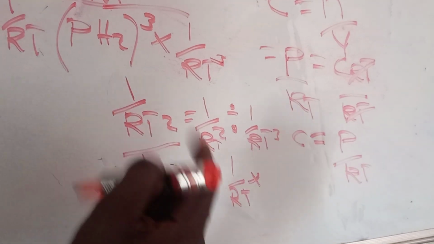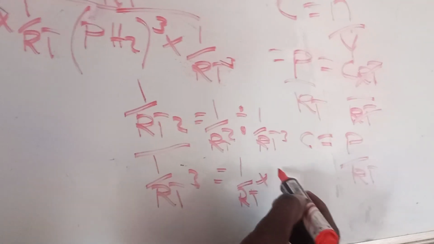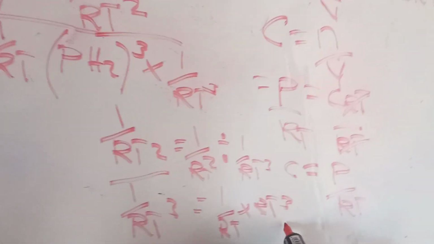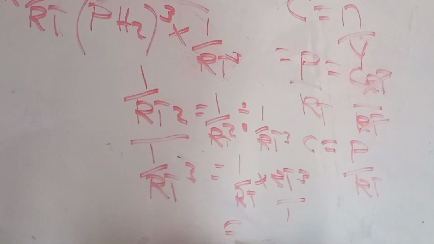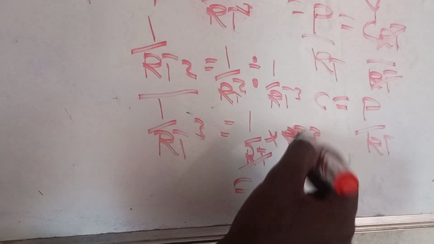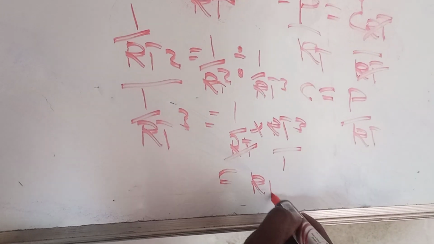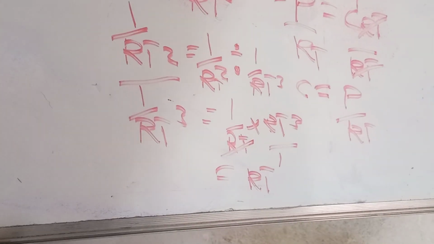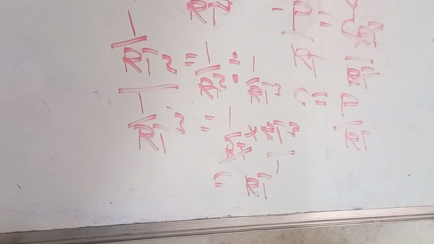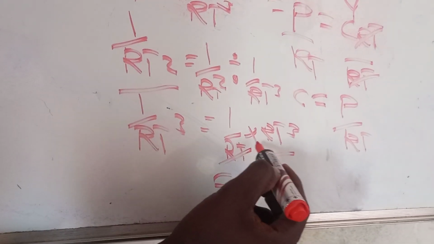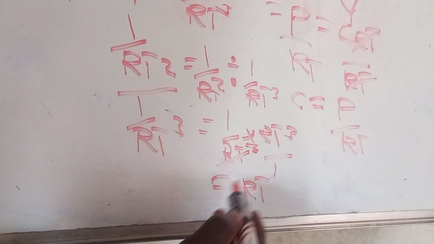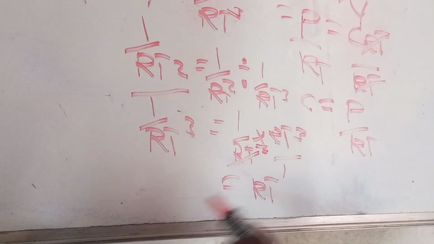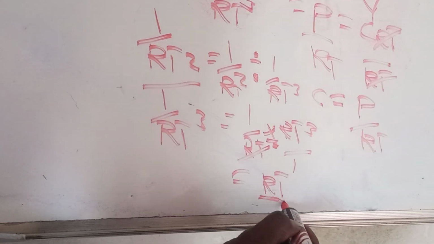We change it to multiplication, then RT goes up there, and you're going to have that over 1 here. This into that, we are going to remain with RT, squared by the way. So this into that, we're going to remain with RT.